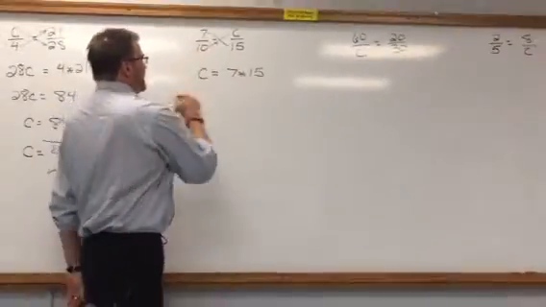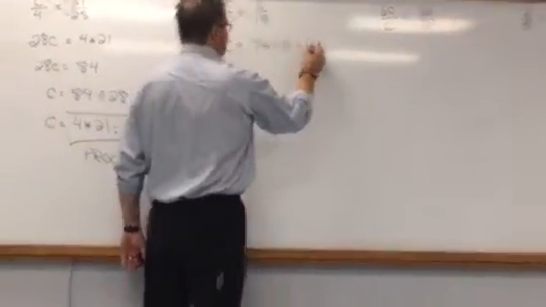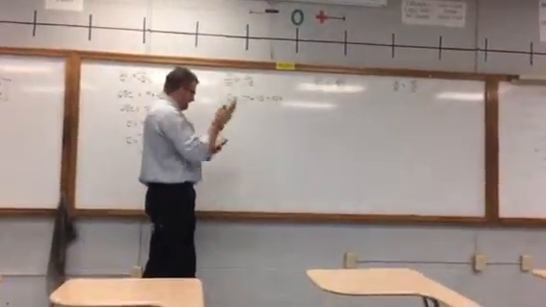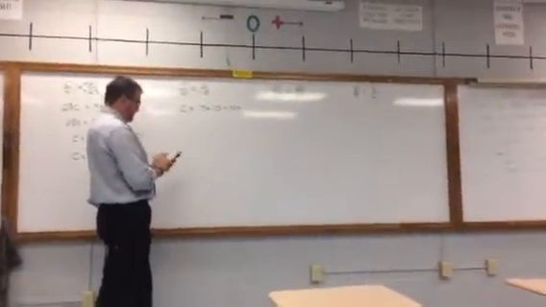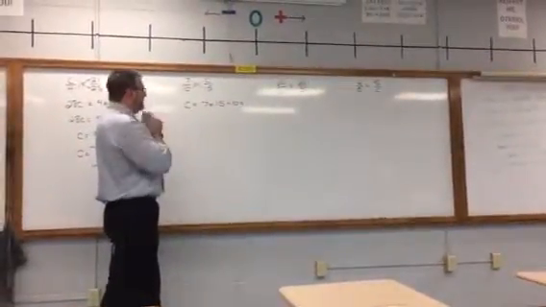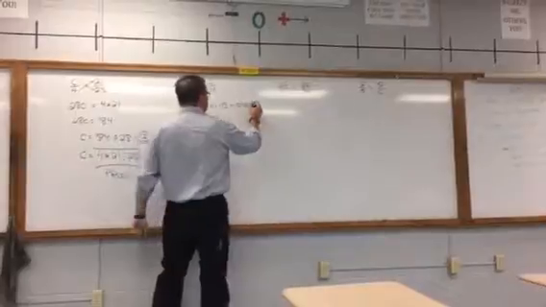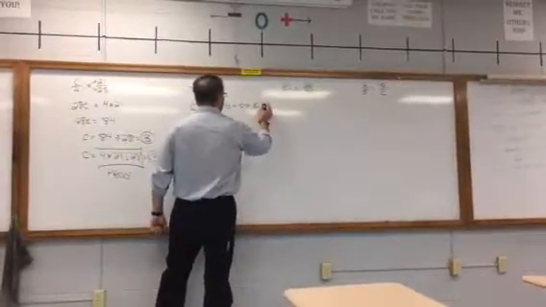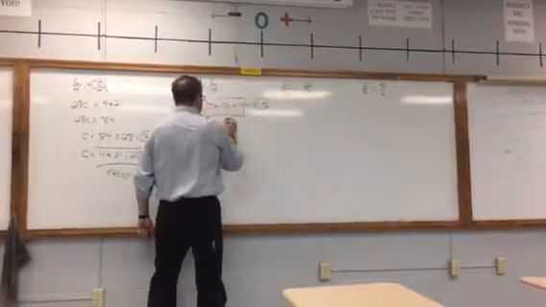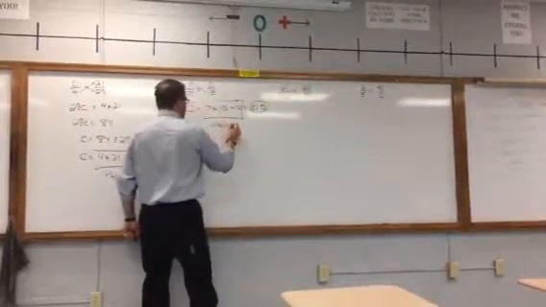I haven't used the 10 yet, so I'm going to divide by 10. Okay? And again, don't want to make any mistakes. I've done the hard part. 7 times 15, divide that by 10, and that is 10.5. And again, in my class, that is required as the proof.